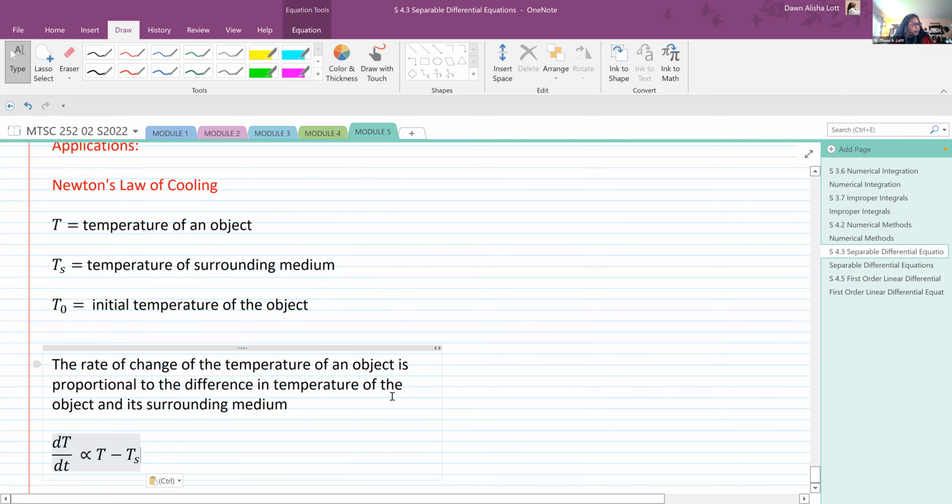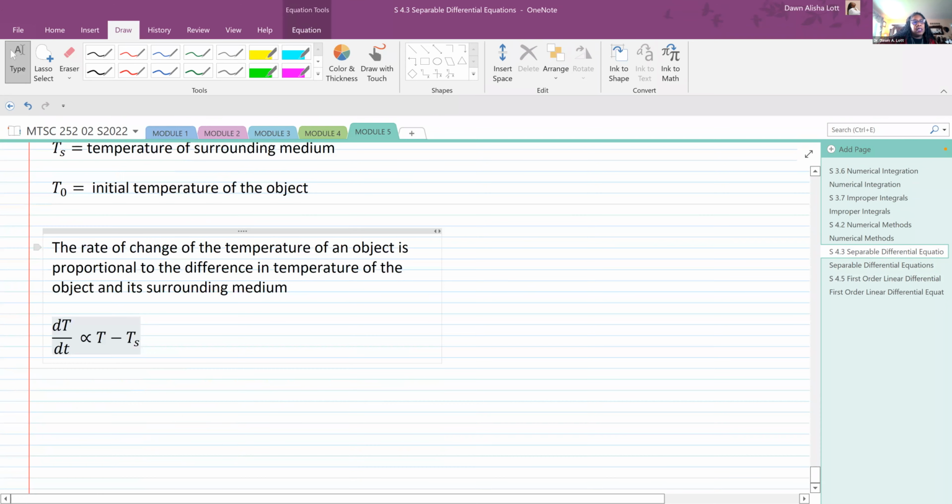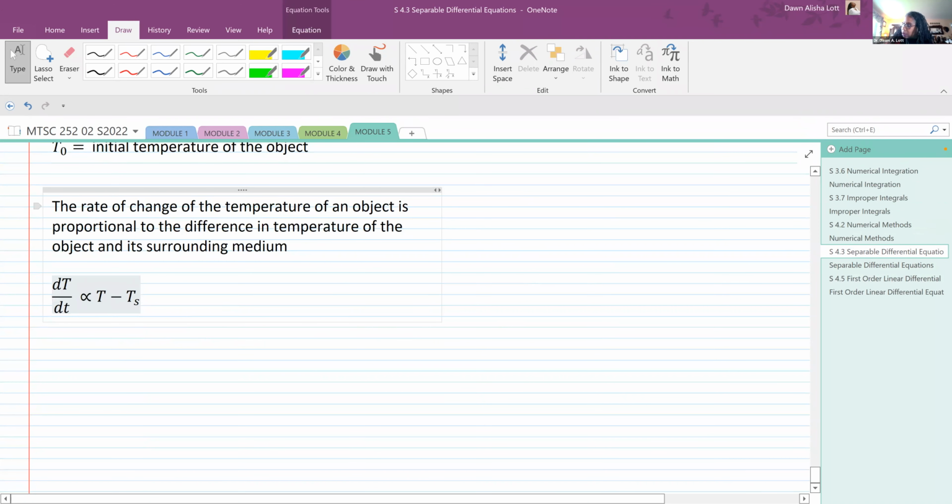Okay, so since it's proportional, that means it actually equals it by a constant.